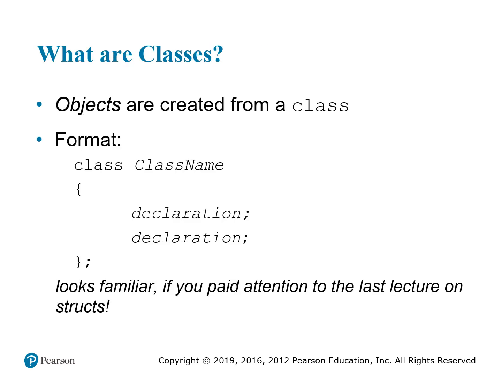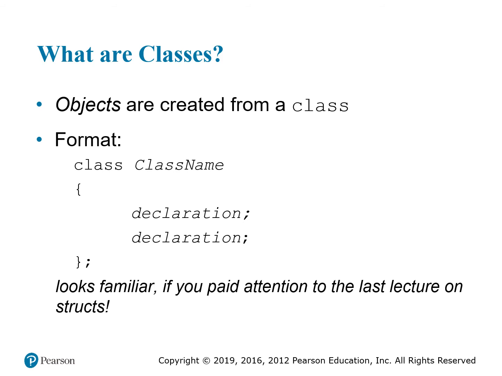Okay, so objects are created from a class. You can think of it as a class of objects, like tree is a class of plant and car is a class of vehicle.